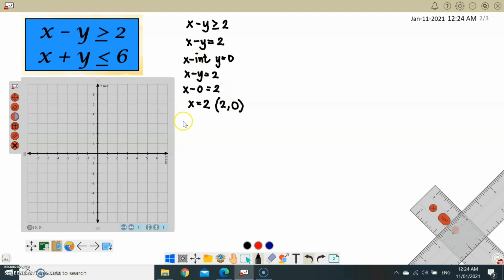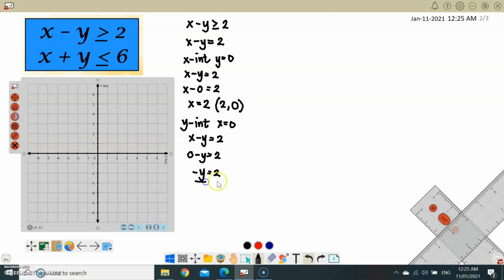Next is to find y-intercept. To find y-intercept, we let x be equal to 0. Using the same equation, x minus y is equal to 2. We're going to substitute the value of x, which is equal to 0. So we have here 0 minus y is equal to positive 2. 0 minus y is negative y equals 2.